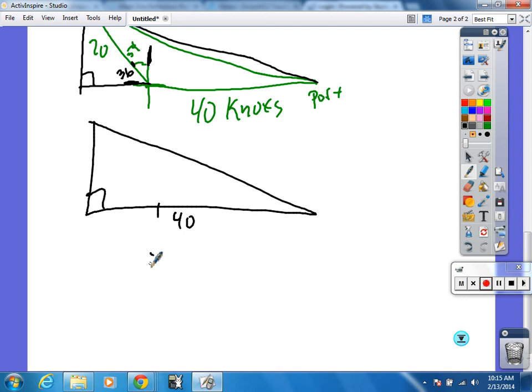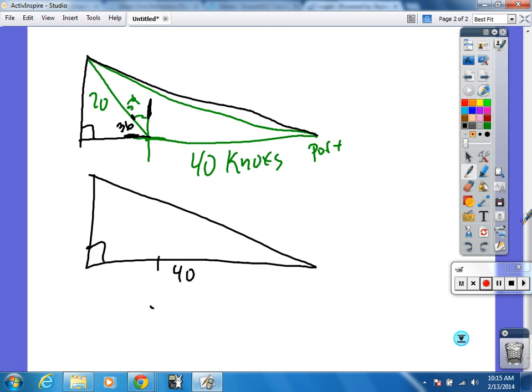Can I find this distance using this little right triangle? Yeah, I can, can't I? So I'm standing here and I'm going to put this guy as X right now and call this Y.